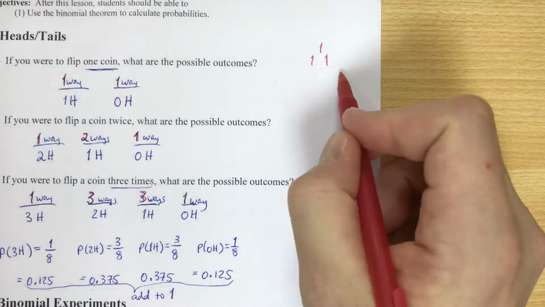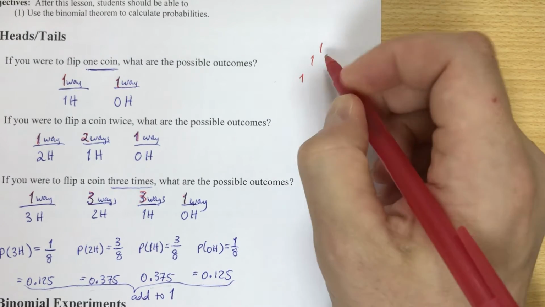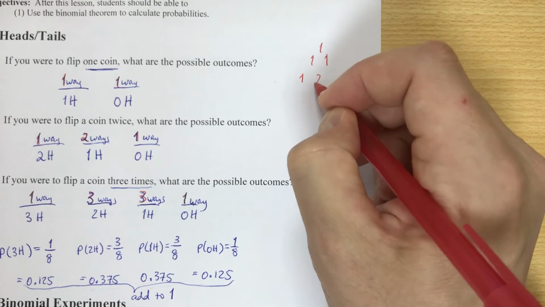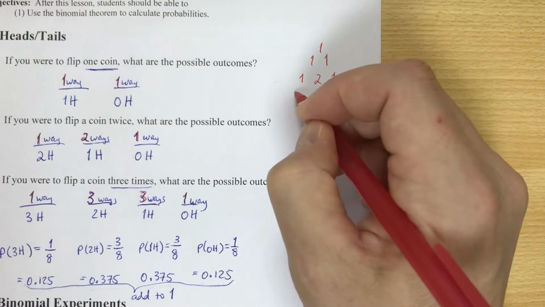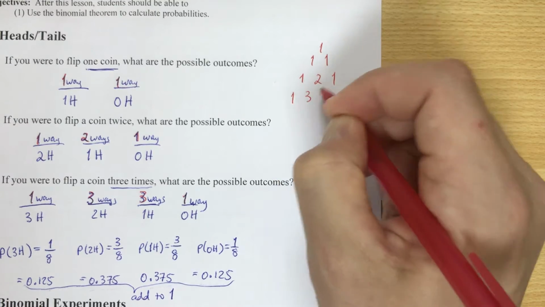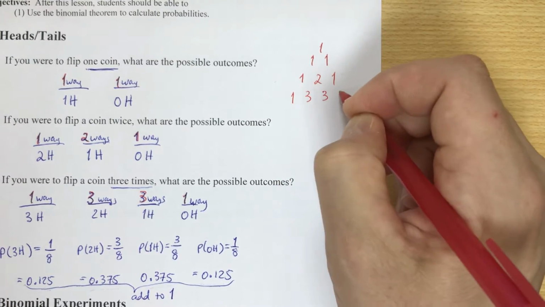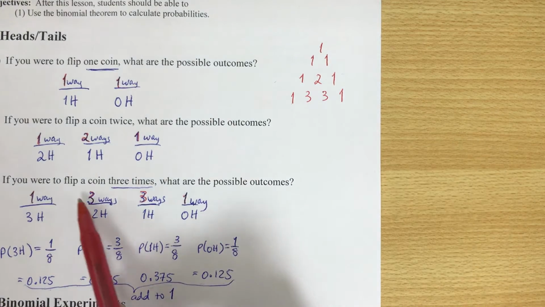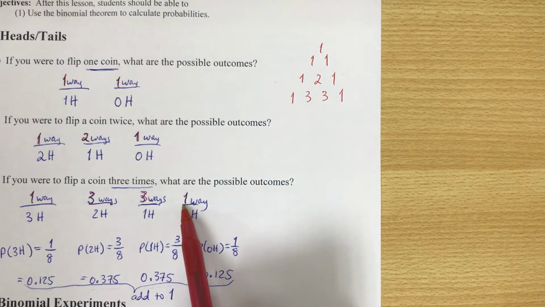To get the next row of numbers, we add the 2 numbers directly above. So 1 plus 1 is 2. It always starts with 1. 1 and 2 is 3, 2 and 1 is 3, and then it ends in 1. So notice that 1, 3, 3, 1 is the same thing we get from flipping a coin 3 times.